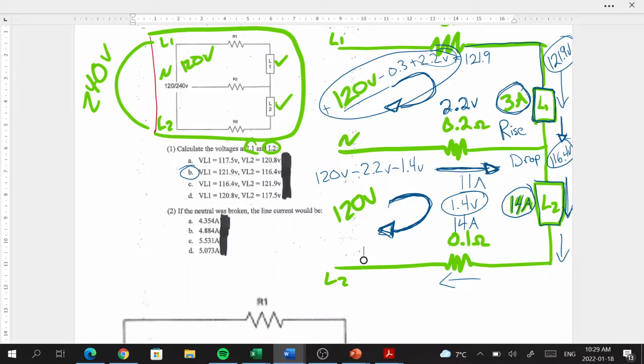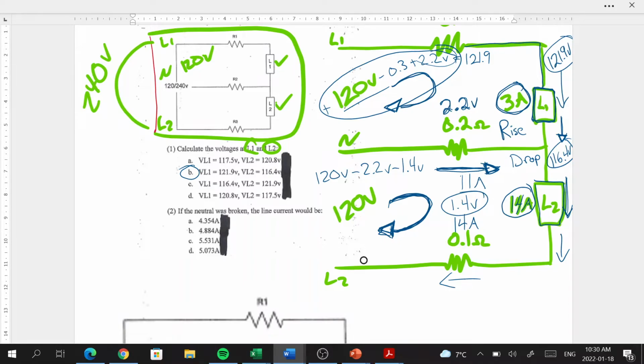And if the neutral were to open, all of a sudden the voltages along our load are going to be very, very different than the 120 volts that they ought to see.